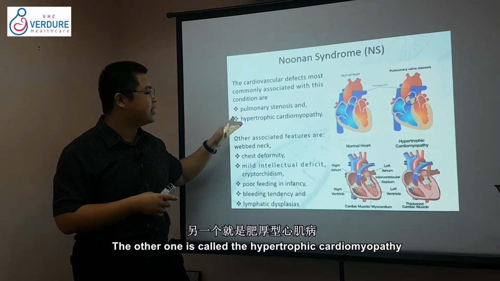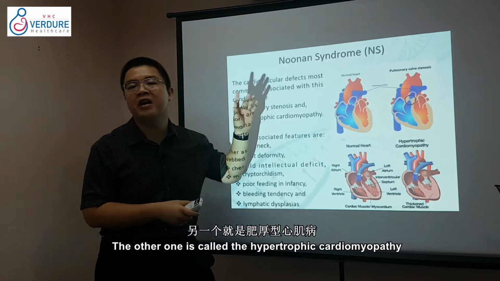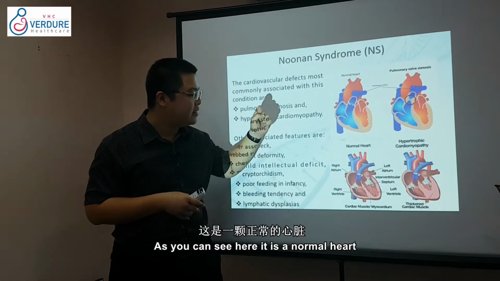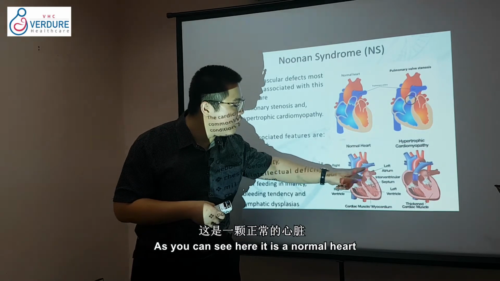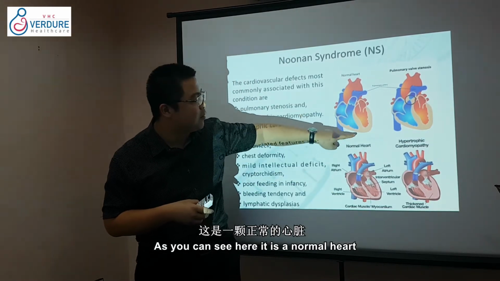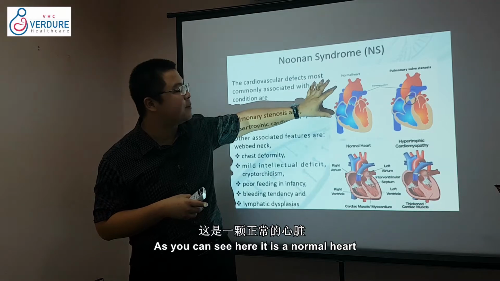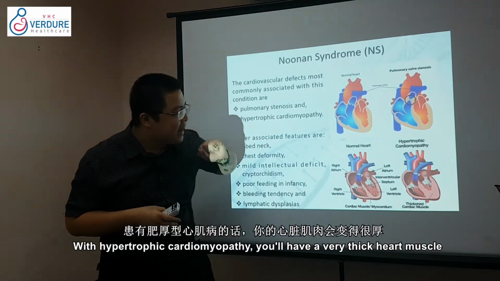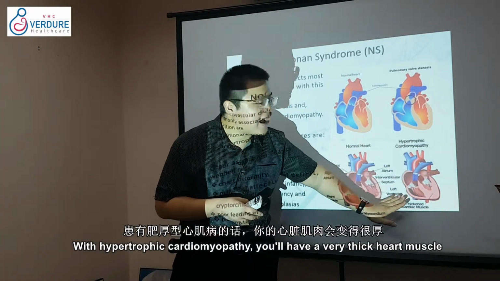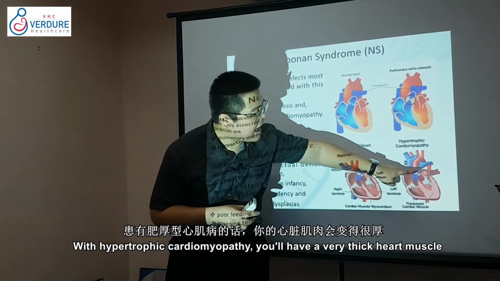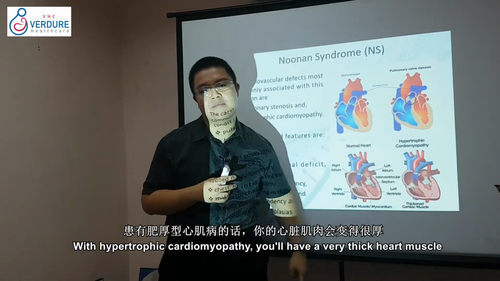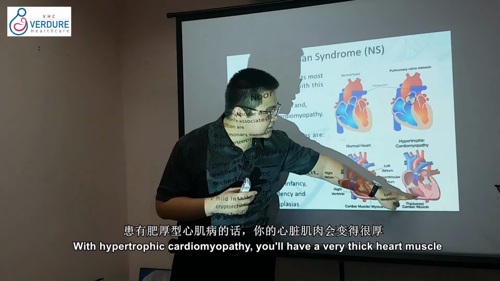The other one is called hypertrophic cardiomyopathy. This is a normal heart, the easier picture for you to see, but with hypertrophic cardiomyopathy you have a very thick heart muscle, just like this over here.